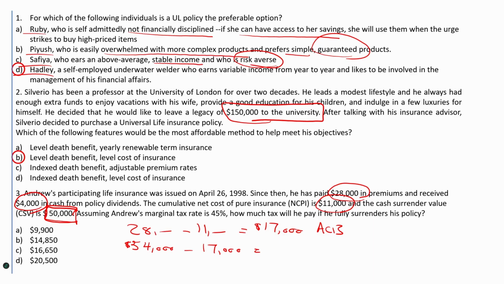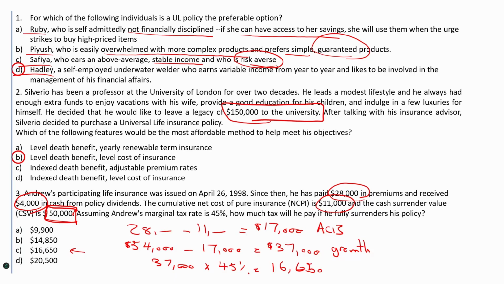So 54 minus 17, that would be $37,000. This is the growth, right? So now he has to pay tax of 45% on this. So $37,000 multiplied by 45% is going to be 16,650. So option C is the correct option.